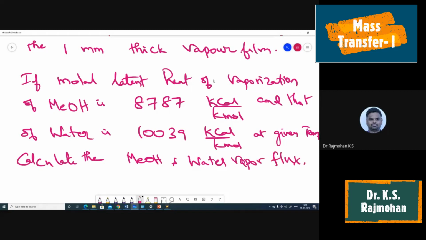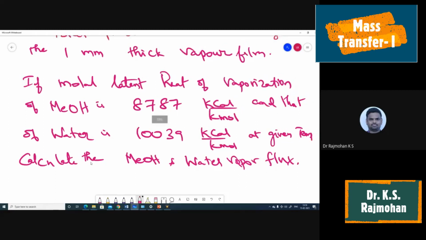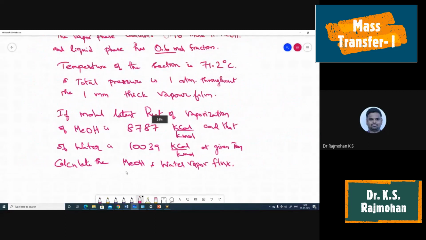Data given are: vapor phase diffusivity of methanol is 1.816 into 10 power minus 5 meter square per second.